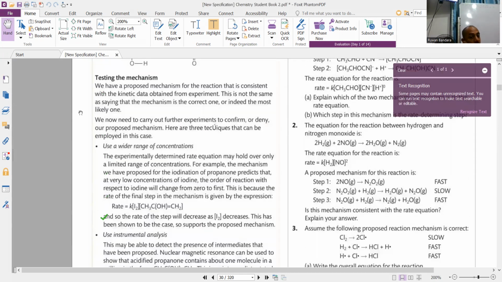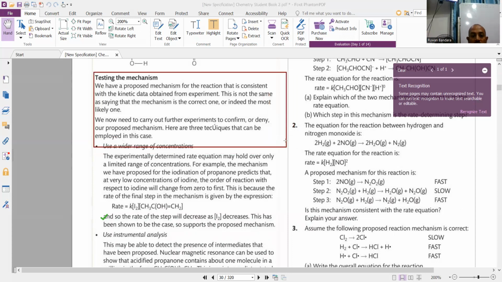This is an important part. Even though we suggest the mechanism, we have to check whether our given mechanism is correct. So in the given space, write the topic: testing the mechanism. And copy this one: we have a proposed mechanism for the reaction that is consistent with the kinetic data obtained from the experiment.